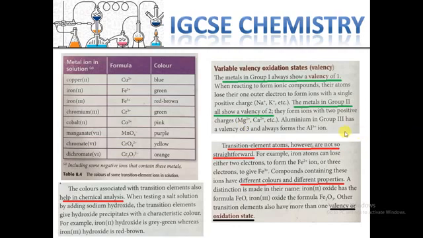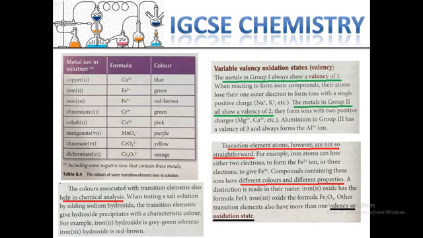Aluminium is located in group three, so it shows three positive, a valency of three. But transition metal elements show differences. It's not straightforward like groups 1, 2, and 3. So it depends.